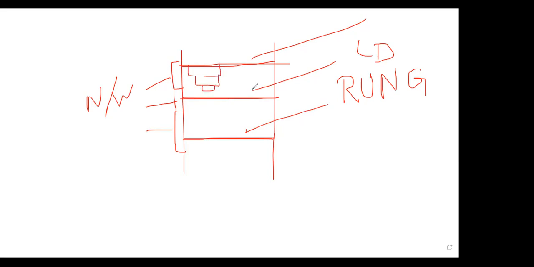But you cannot interconnect two networks. Although in the new Siemens software they have allowed it, generally in any brand, you cannot interconnect two networks. You can see network 1 and network 2. You cannot interconnect two networks. Okay, fine. I shall come to this again, but I have given you just one overview here.